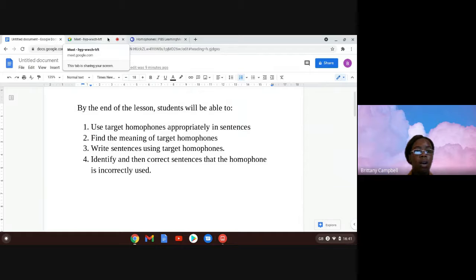Those are our objectives for this session.